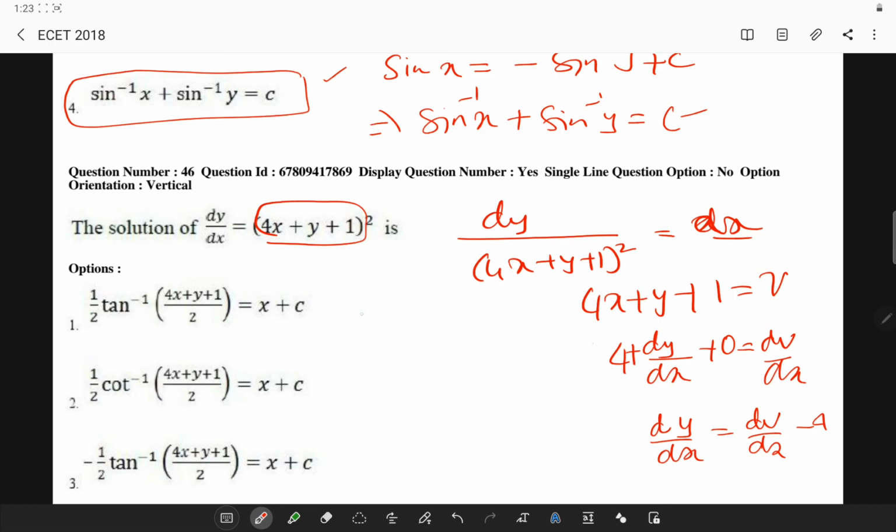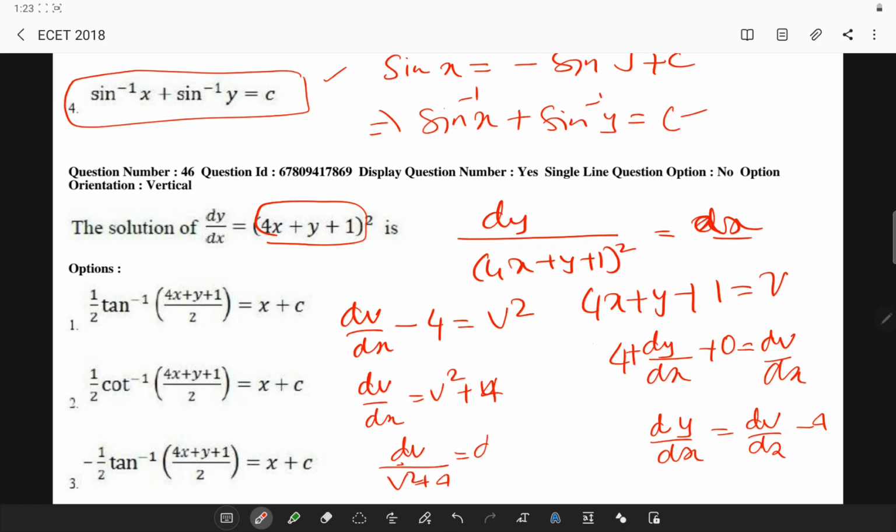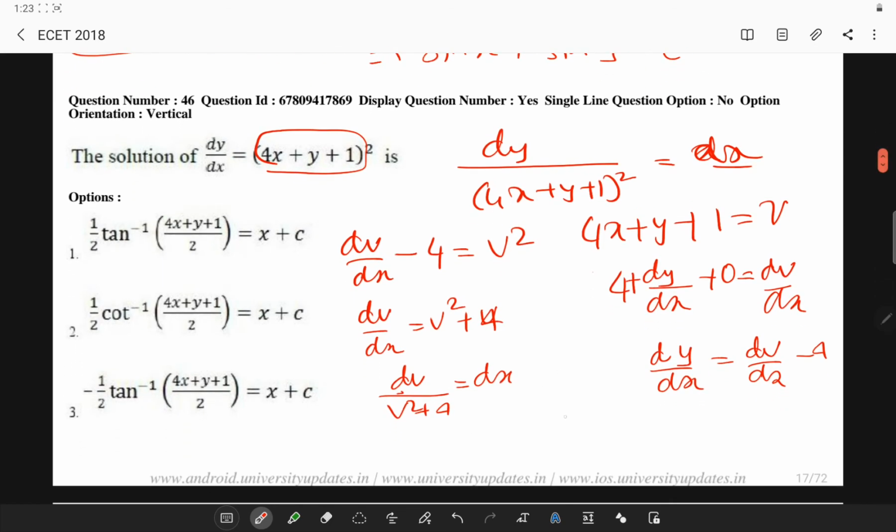So here I will be left with dv/dx − 4 = v², and I can simply write dv/dx = v² + 4, or dv/(v² + 4) = dx.